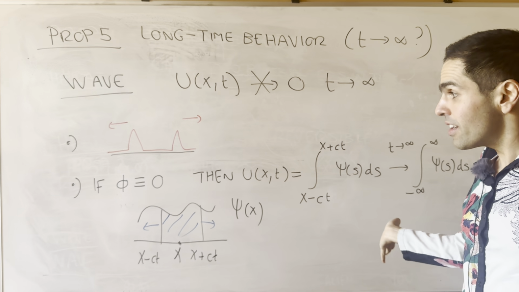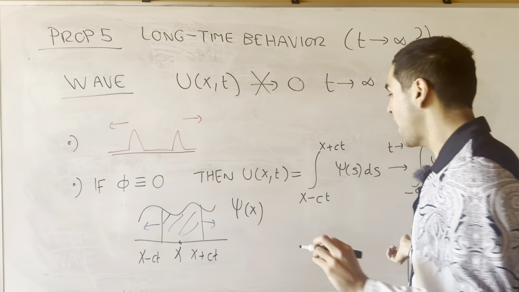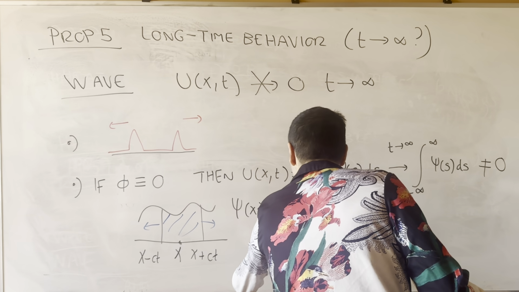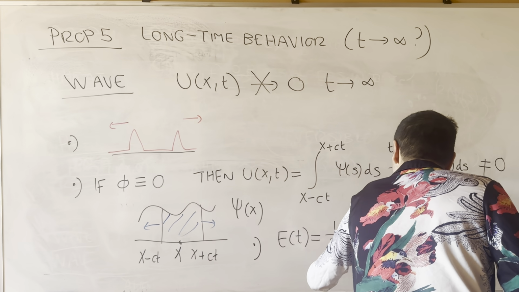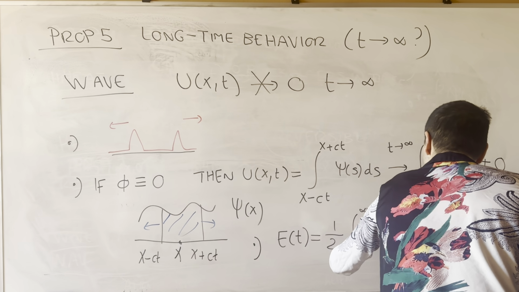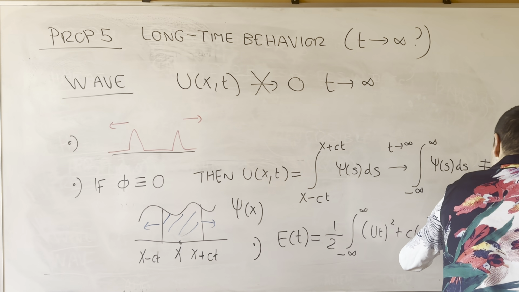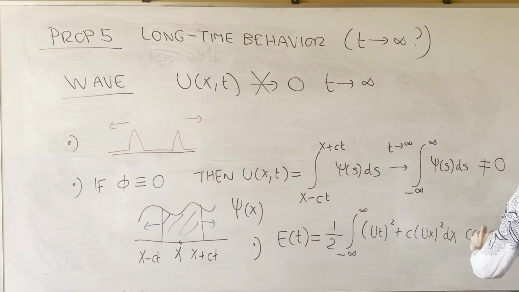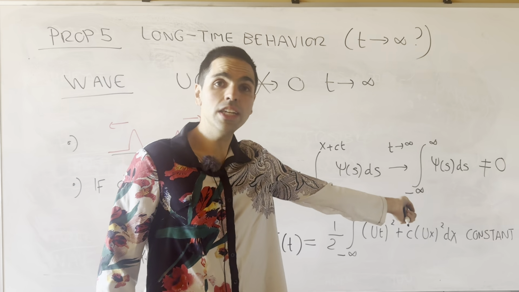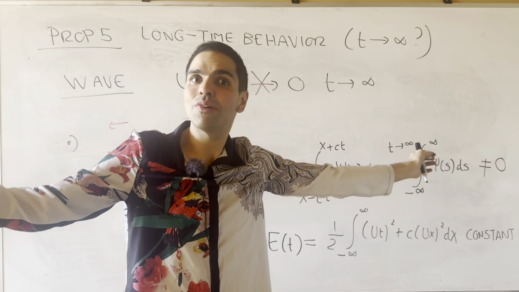And last but not least, another reason for this is because of energy conservation. Because we know that this energy, 1/2 the integral from minus infinity to infinity of u_t squared plus c u_x squared dx, is constant. Now, we know that this is constant and presumably non-zero.